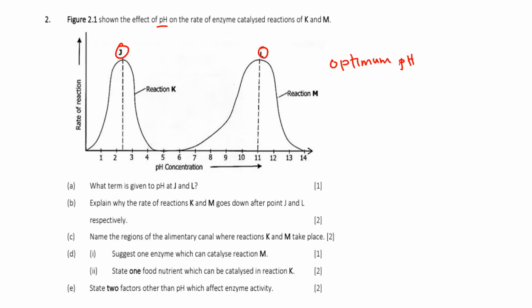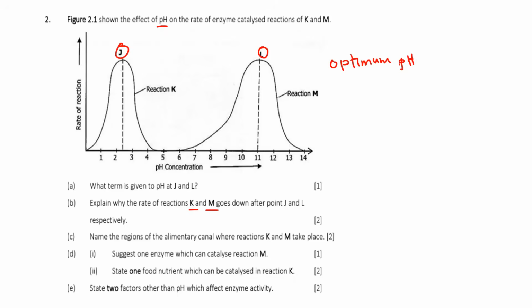Optimum pH. Explain why the rate of reaction K and M goes down after J and L. So this is the optimum pH. Now, you know what the optimum pH is? The optimum pH, as with temperature, is the pH at which the enzyme has maximum activity. It works well at that point.